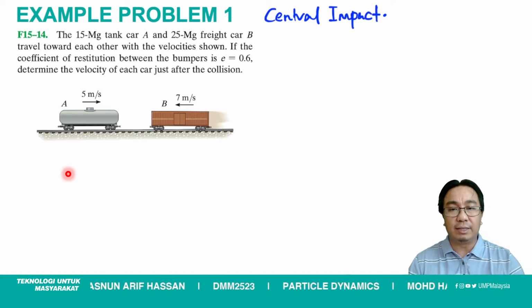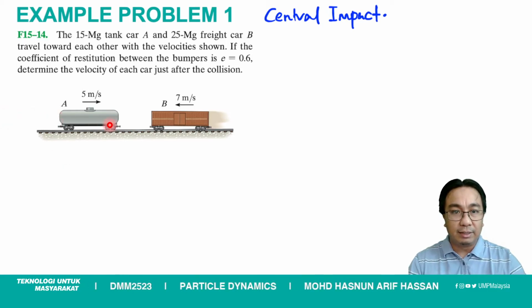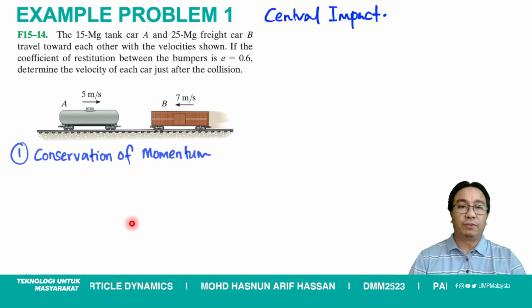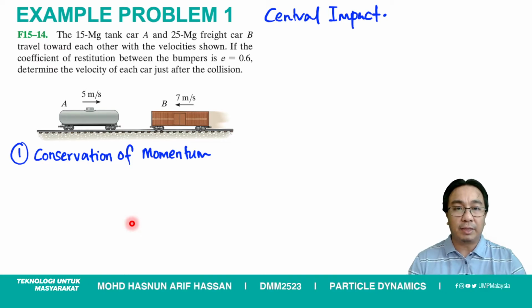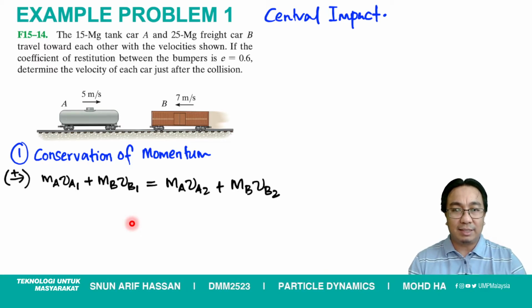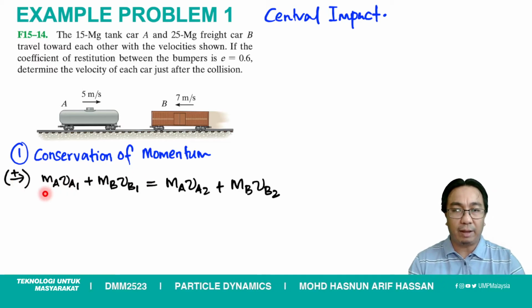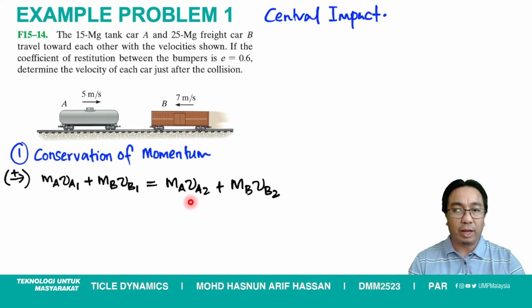This is definitely a central impact problem because you see it is traveling in a straight line. There is no angle involved. So the first step is to do the conservation of linear momentum, which states that if we take positive to the right, then we have MAVA1 plus MBVB1 is equal to MAVA2 plus MBVB2.